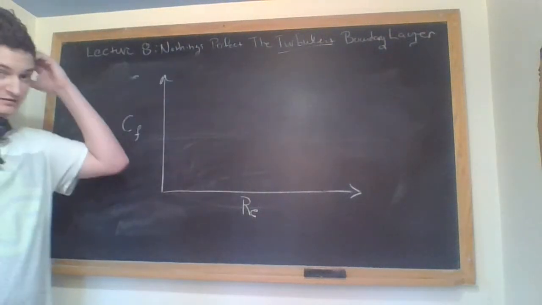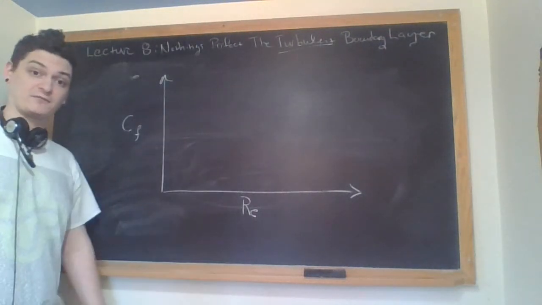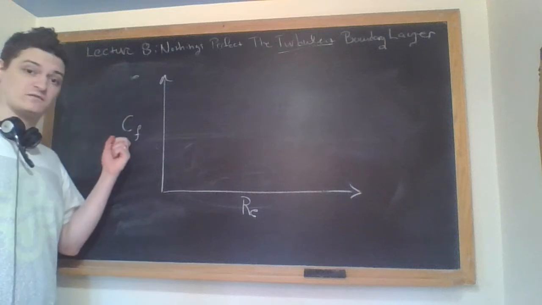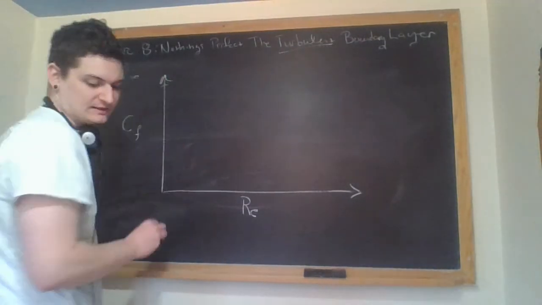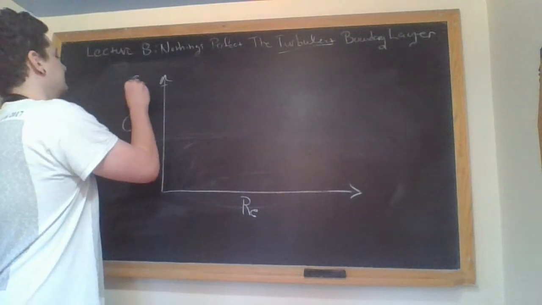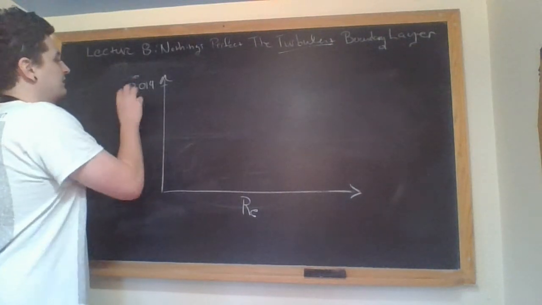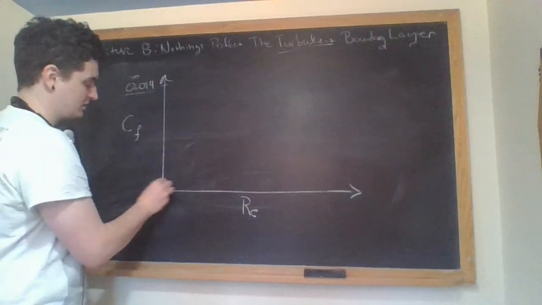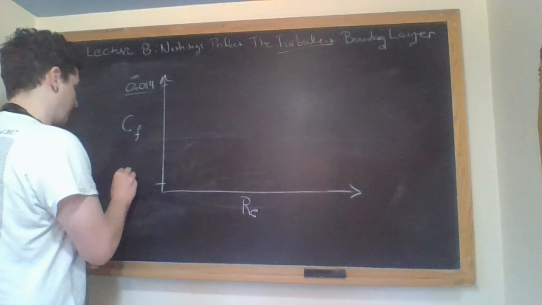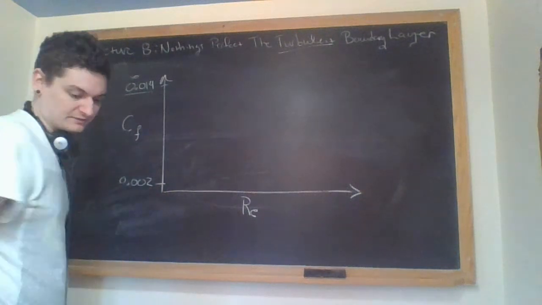You really just get another Moody chart for this coefficient of friction, right? The scale, I think I wrote this down. This is about, scales in the book, it's like 0.014. It goes all the way down to about 0.002.